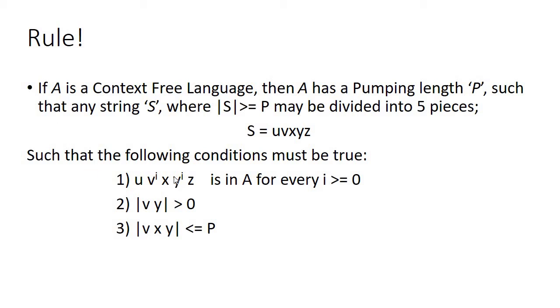There is another element X, then we have Y to the power i, which also helps us pump the string. And finally the last element is Z, and this structure should be in A for every i greater than or equal to 0.